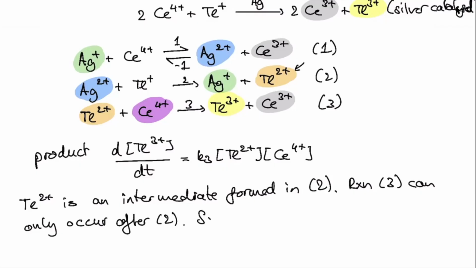So we can make an assumption: the velocity of reaction 2 would be roughly that of 3.